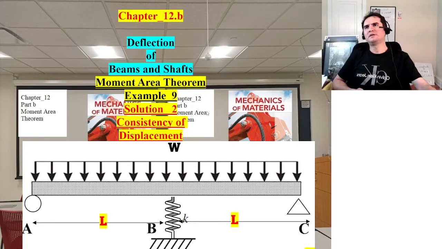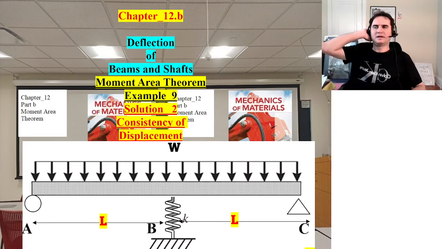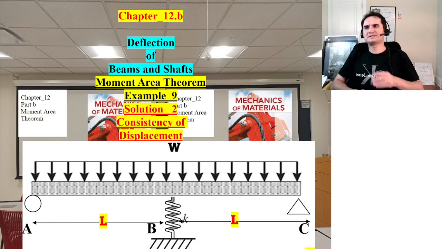Chapter 12, Deflection of Beams and Shafts, Moment Area Theorem, Example 9, Solution 2, Consistency of Displacement.